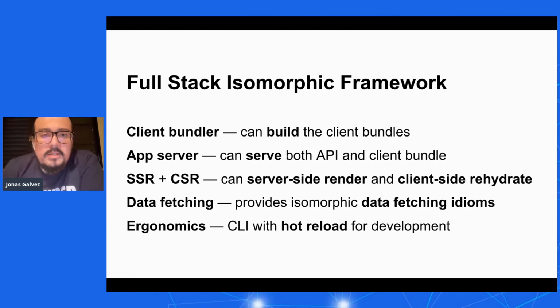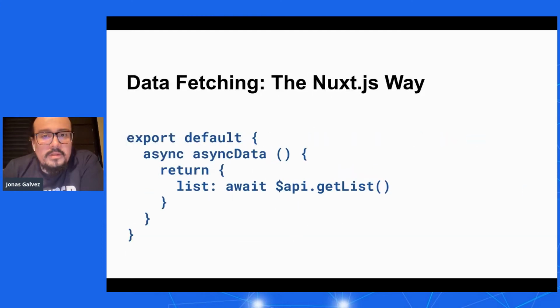So in the case of Nuxt.js, for instance, if you're running a server-side render, async data will run on the server, and this call will happen on the server, and the client won't have to run it again.